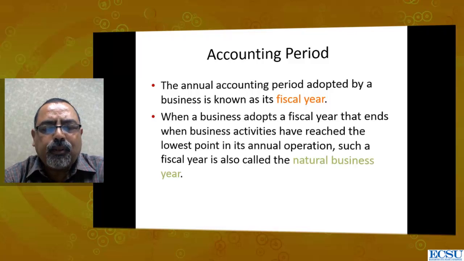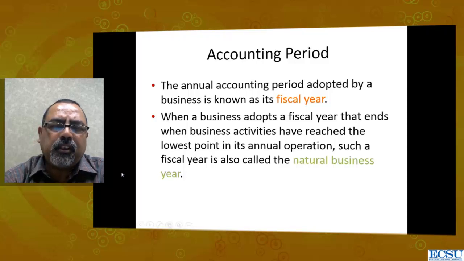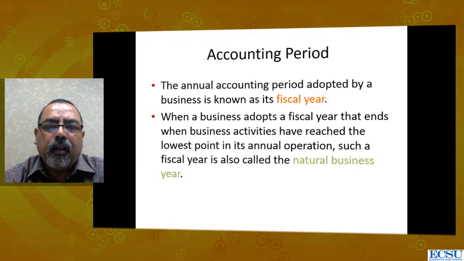Now, sometimes businesses adopt a fiscal year that ends when the business activities have reached the lowest point in their annual operations. Such a fiscal year is called the natural business year. Supposing, like, we are very near to Virginia Beach and the Naxade Beach area.